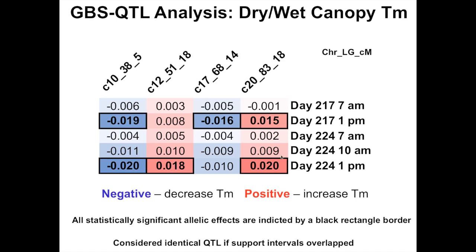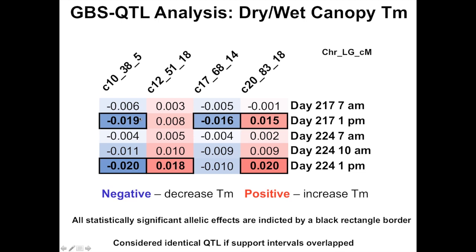For those phenotypes that I showed you, this is taking the ratio of dry to wet canopy temperature, over a period of 2 weeks at 7 a.m., 10 a.m., and 1 p.m. Up here, we have the chromosome position of a particular marker, and the blue means that the QTL effect coming from the one parent, TM1, will decrease the canopy temperature, whereas the red QTLs coming from the parent TM1 will increase the canopy temperature.